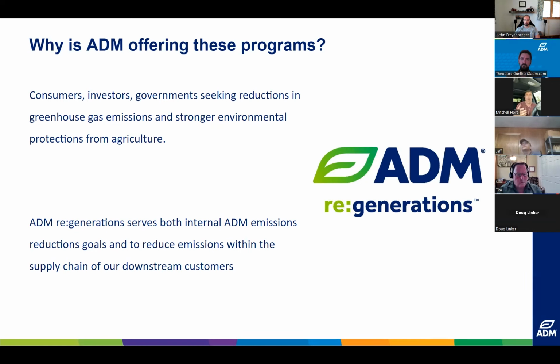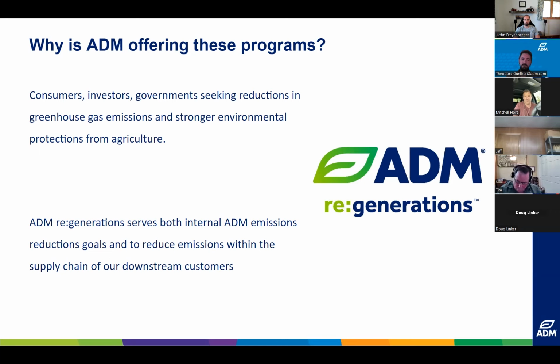And you're saying, well, we can only do so much at our facilities. We're working on that. But the big footprint here really stems from upstream, to the farm. And that's where there's opportunity to highlight that message and decarbonize at that level.